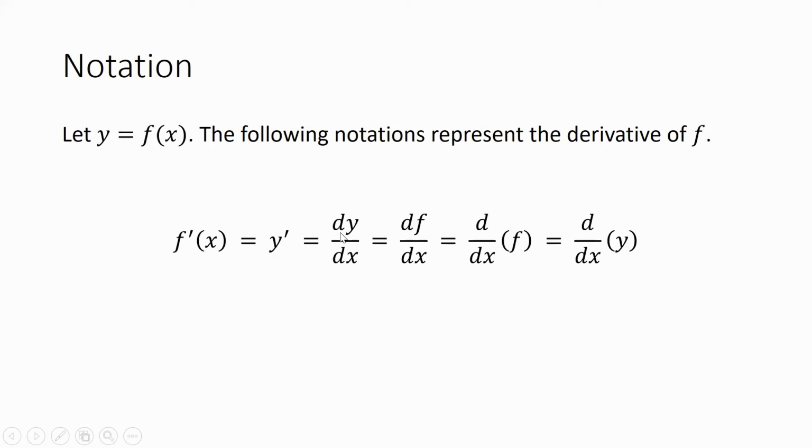What that means is the derivative of y with respect to the variable x, or the derivative of f with respect to the variable x, or the derivative with respect to variable x of f, or the derivative with respect to variable x of y. So there's lots and lots of different ways to write this. We'll see some reasons why we want multiple ways of writing this a little bit later. The one that we're going to see most often is the f prime or the y prime.